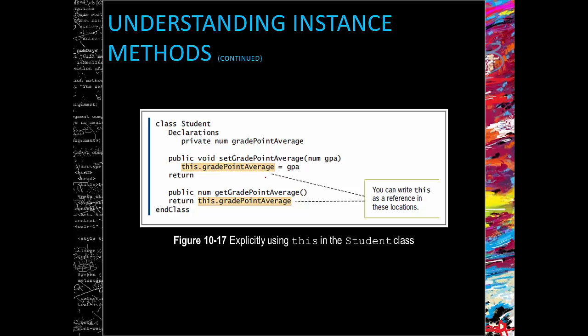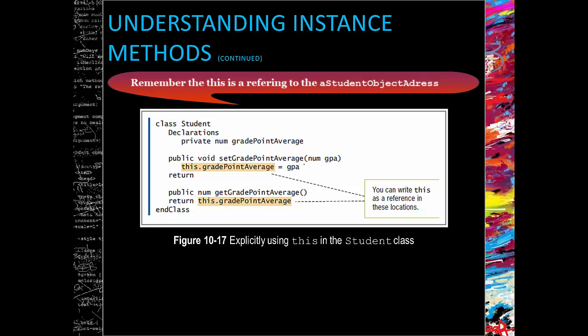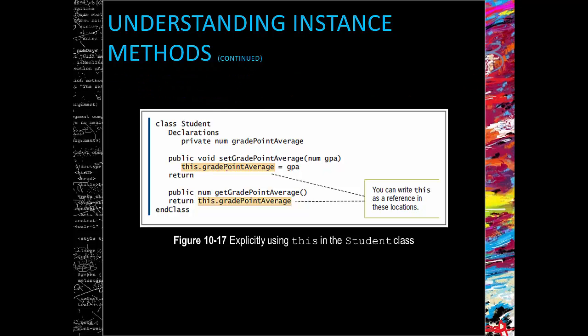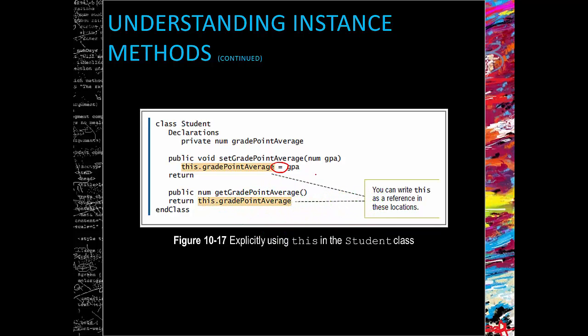So for any field name defined in the class, we just use this.gradePointAverage, or this.fieldName. In our example here of setGradePointAverage, with our numGPA, we just write this.gradePointAverage, which is our field variable, is equal to GPA. Now this proves quite helpful because it gives you a field name identifier, but it also refers to the same memory location with the equals assignment operator. This cannot be used with method local variables like GPA.